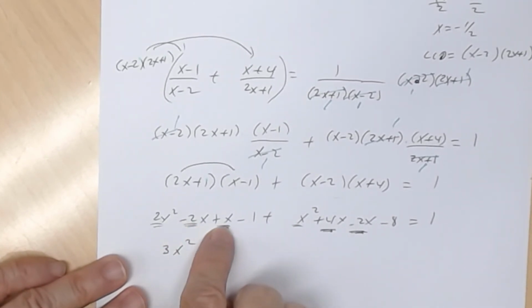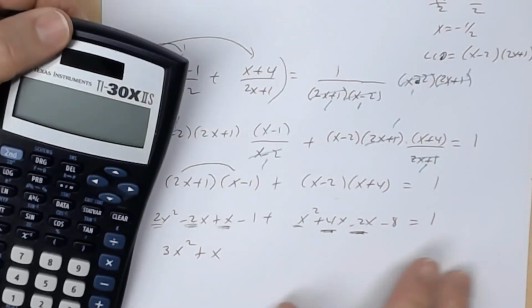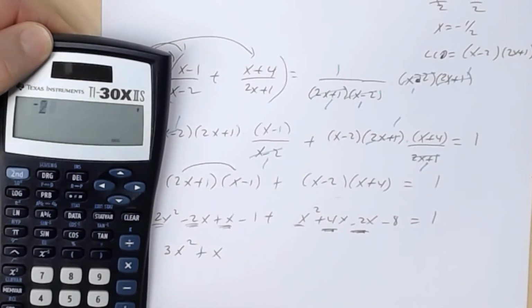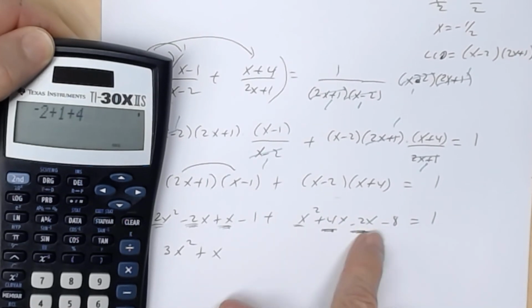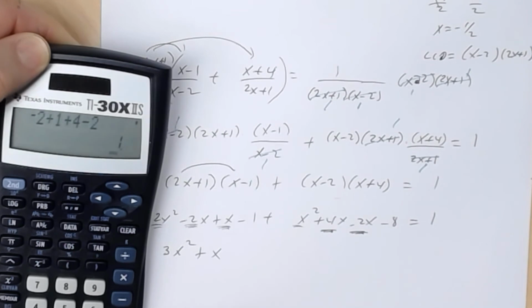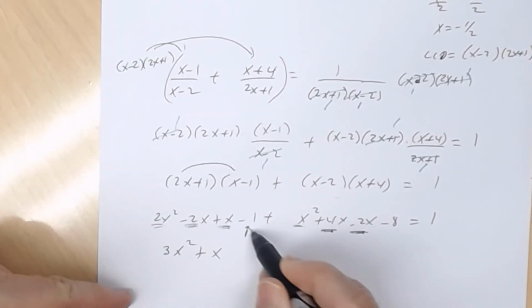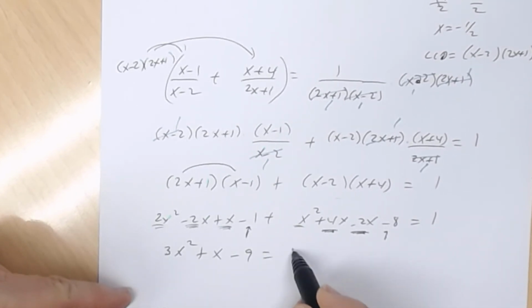Use your calculator if you need to. If you're just adding the coefficients, you're saying negative 2 plus 1 plus 4 minus 2, right? Equal 1. So you just get 1x right here. Okay, a negative 1 and a negative 8 is a negative 9 equal 1.